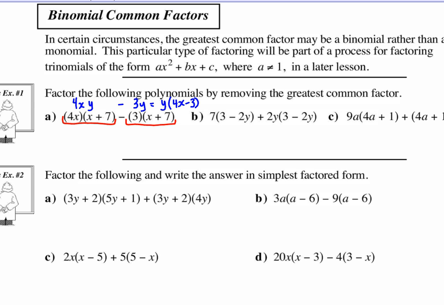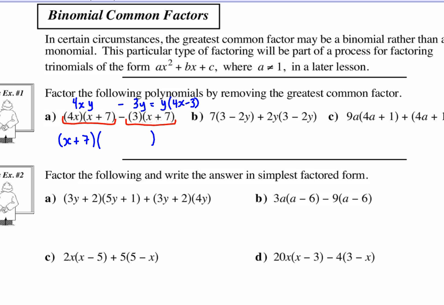So in the same way, I can think of this as one term, and this guy is the other term, where my y is actually x plus 7. So in each term, what's in common? X plus 7. So if they have it in common, we can factor it out. If I factor it out, I write my GCF, and then I write my brackets to figure out what's left over.